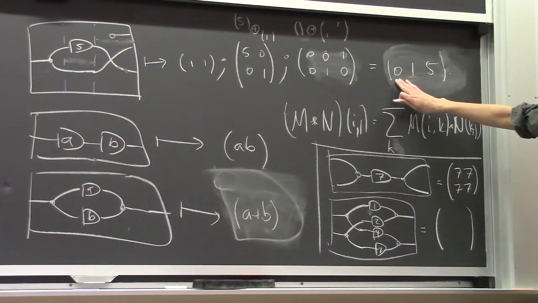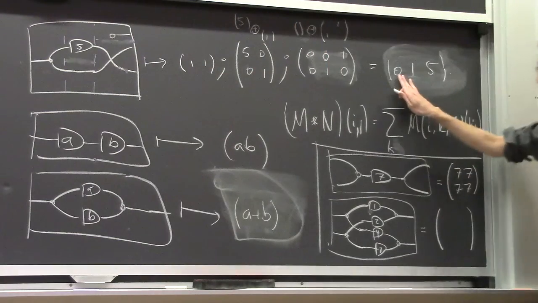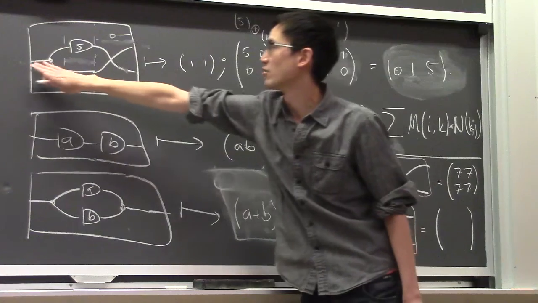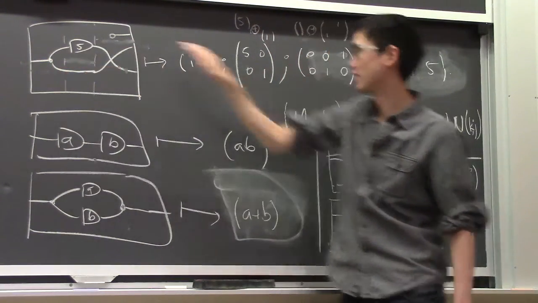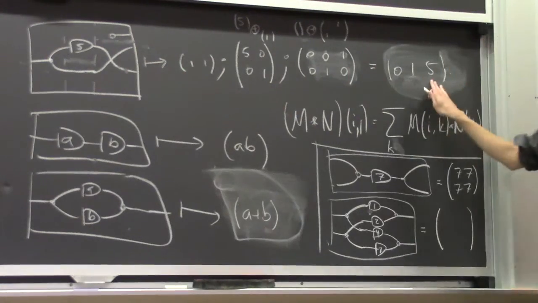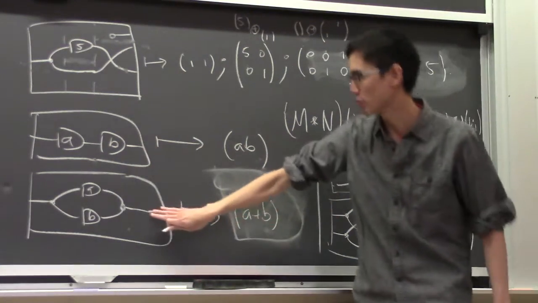So in particular, this is from 1 to 1. So you can't get from here to here, so there's 0 amplification. For this thing, if you're getting from here to here, the only way to do it is to go through this path, and it has no amplification, so it's just 1, and the other you cross via a 5. So it's 5. Similarly here, you go through 2 amplifications, you get A times B. Here you have 2 different paths.